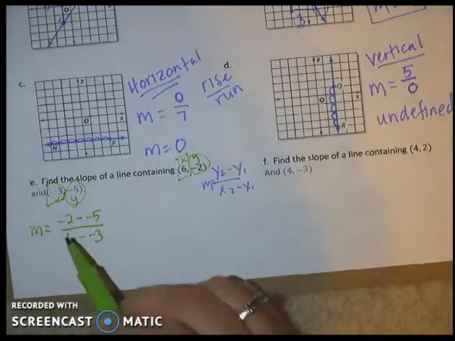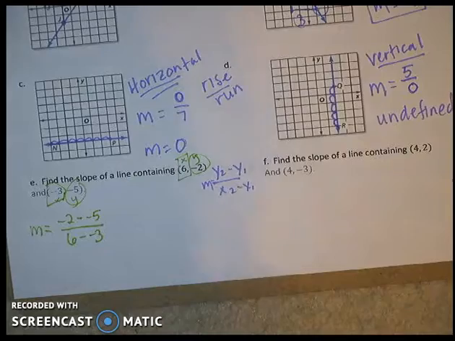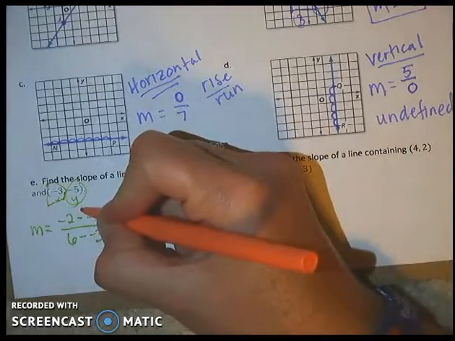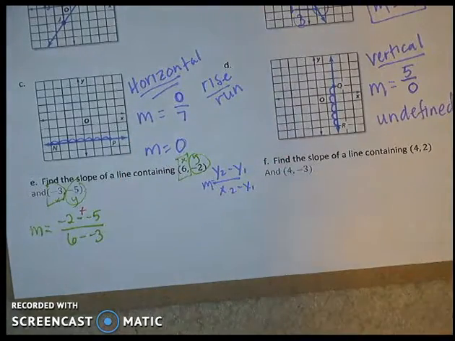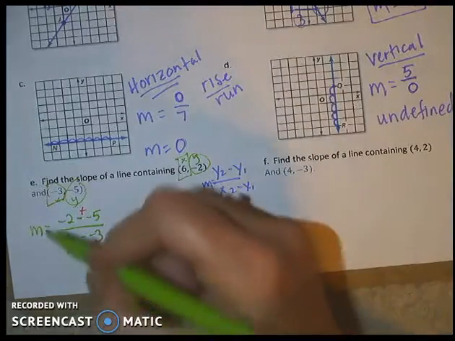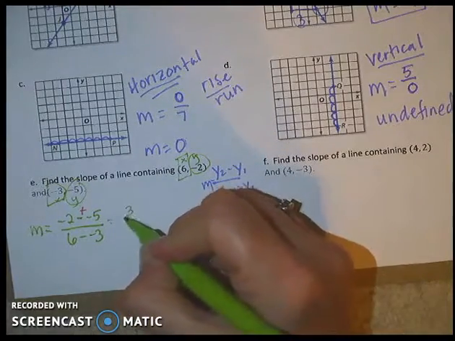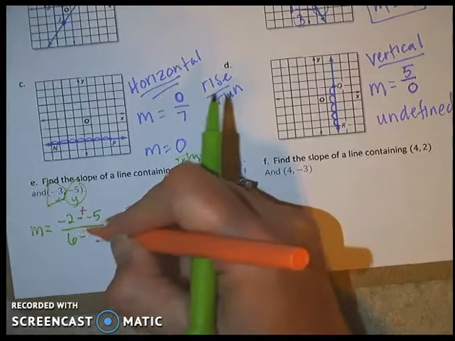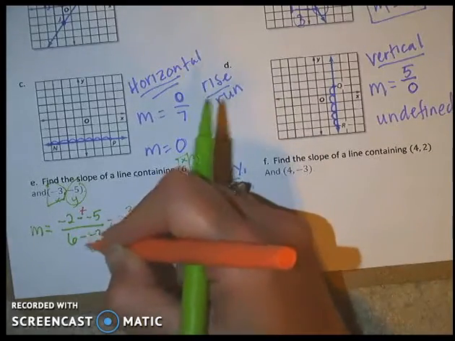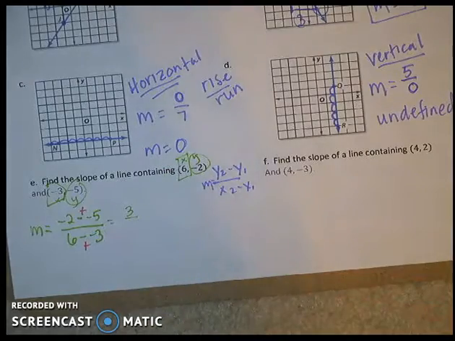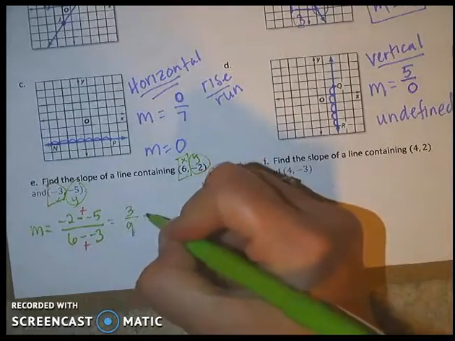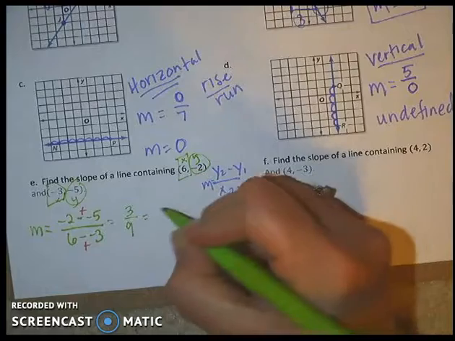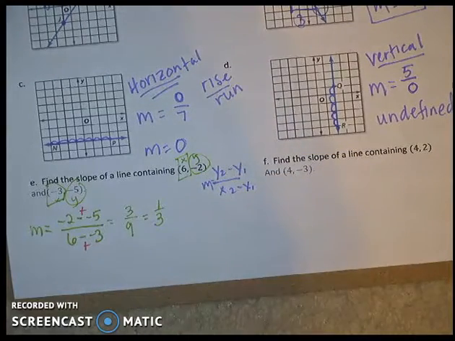Keep in mind that we are subtracting. When I have minus a minus, you can just plug that into your calculator, or remember minus a minus is a plus. -2 plus 5 gives me 3. And then on the bottom, minus a minus here again, so 6 minus -3 is a plus. 6 plus 3 gives us 9. So my slope is 3 over 9, which simplifies to 1/3.